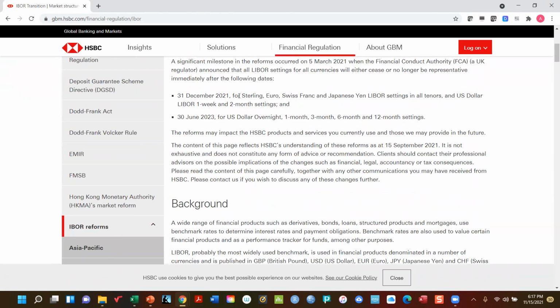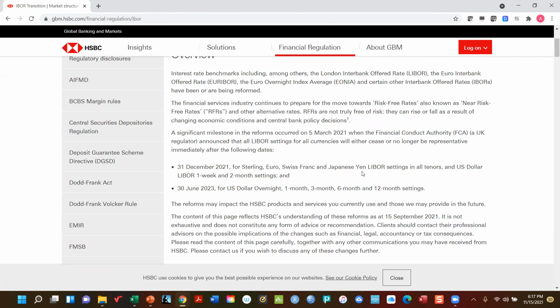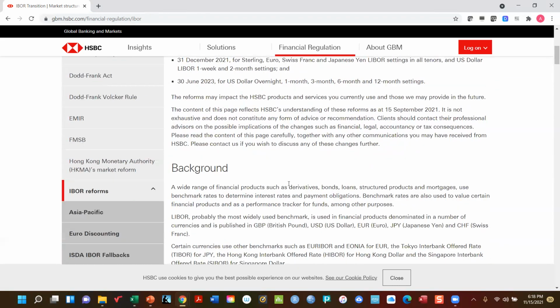Okay, so some of them are still being used. They've got to the end of the year, it looks like, for these other currencies: sterling, the euro, the Swiss franc, the Japanese yen, even some US dollar rates, only 1 week and 2 months. And then for US dollar, June 23: US dollar overnight, 1 month, 3 months, 6 months, and 12. And then that's it, they're completely gone.